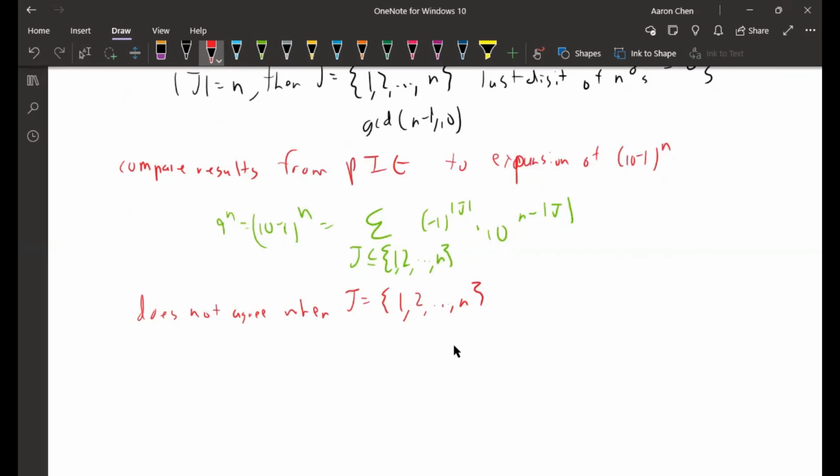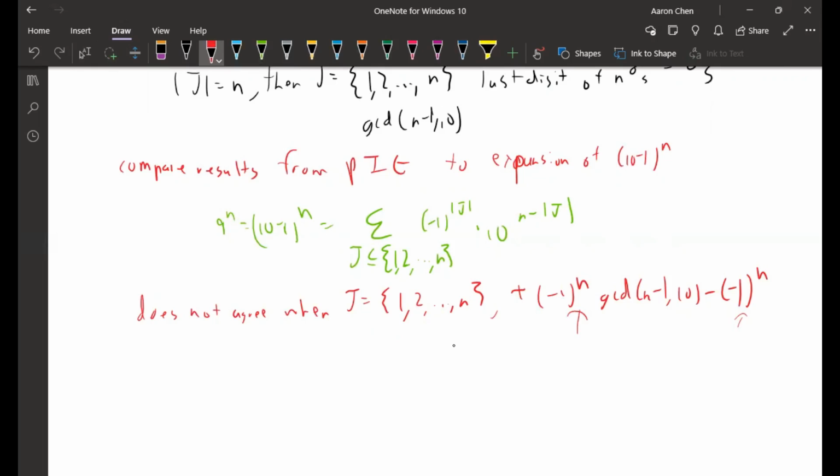In this case, the net result is that you add in negative 1 to the power of n times the GCD of n minus 1 and 10, and you subtract negative 1 to the n, because this is from the binomial theorem, and this is the actual value from our PIE.